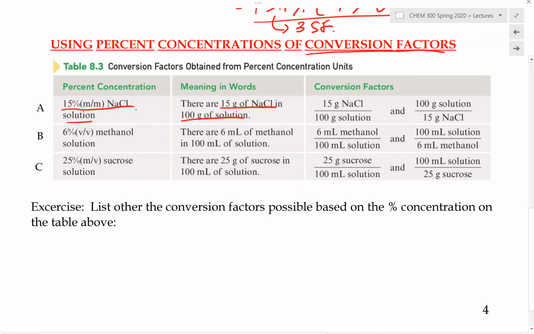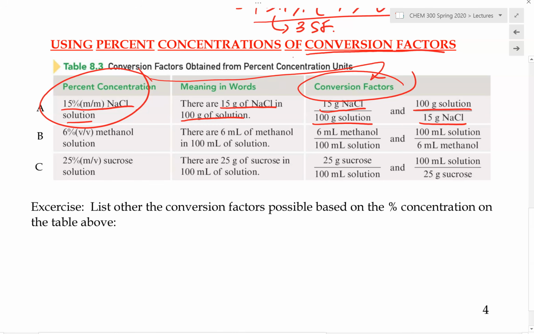And from this meaning, I can now write a set of 2 conversion factors that are reciprocal, in which I can have 15 gram of NaCl over 100 gram of the solution. Or the reciprocal of it, where I have 15 gram of NaCl on the denominator and 100 gram of solution on top. So it's very important that we know how to convert this percent concentration into the correct conversion factor.